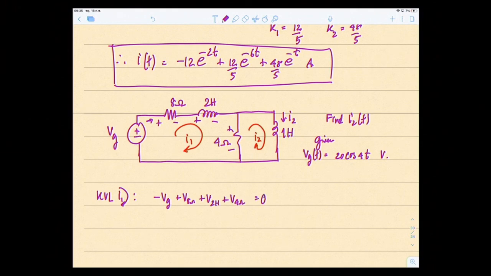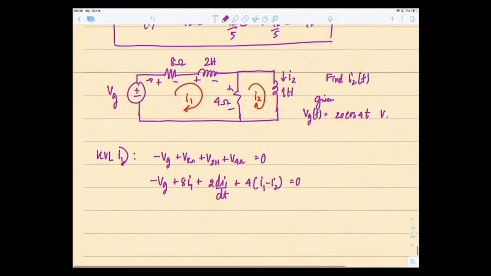equal to 0. Now change that to mesh currents: minus VG plus 8I1 plus L di/dt, the voltage drop across the inductor, which is 2 di1/dt, plus 4(I1 minus I2) equal to 0.